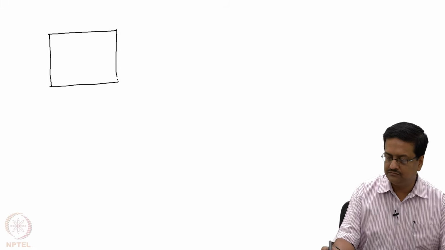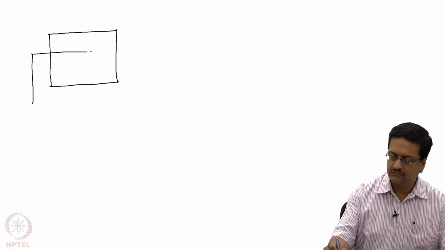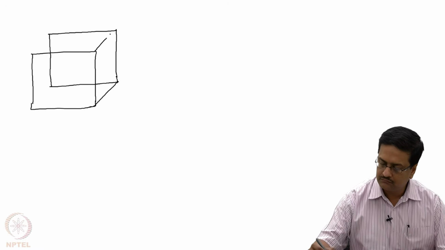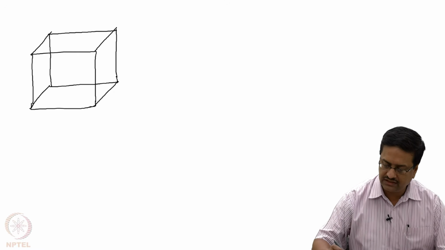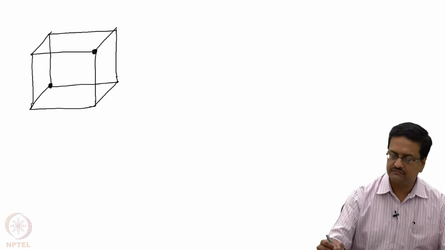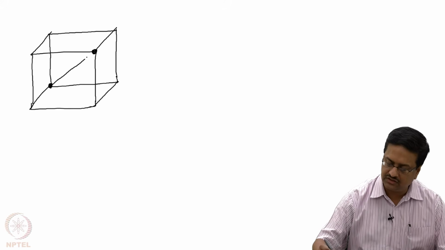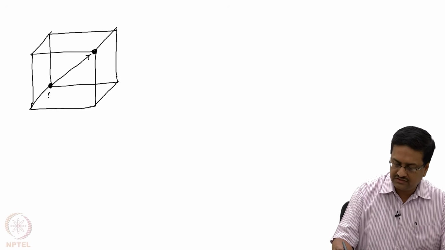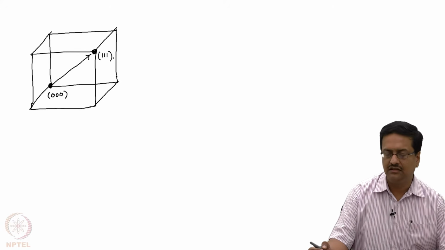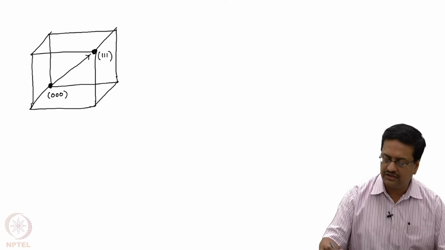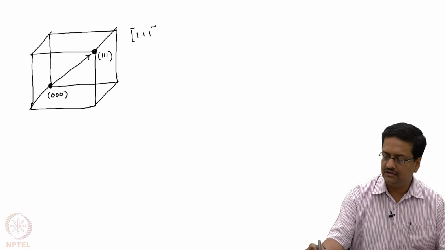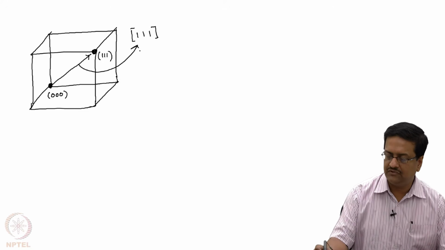So I am drawing a cube, and I want to know what is the direction from this corner to the other corner. So this is a body diagonal. So the starting point origin is 0, 0, 0, the ending point coordinate is 1, 1, 1. So if you subtract the coordinates of base from the tip, you get 1, 1, 1, and hence the direction that we have got has Miller indices 1, 1, 1.